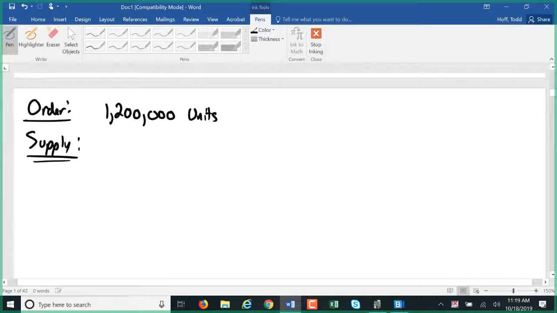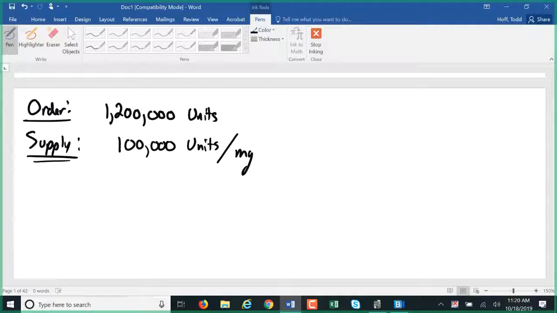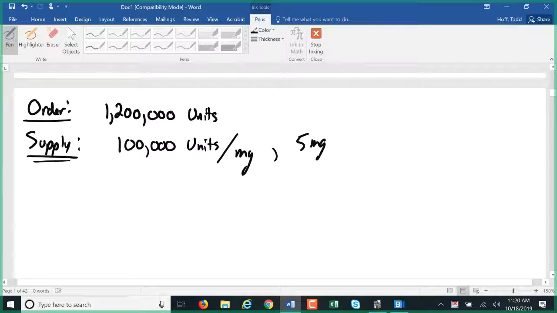Our supply: the label on our bottle tells us this is 100,000 units per milligram, and 5 milligrams per 4 milliliters.